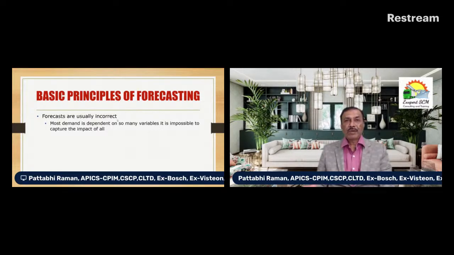One is basic foundation. If you understand that these are the basic rules, then it becomes easier to use any of the methods. So forecast is usually wrong, but still you need it, as you have seen in the previous slide. Even with all high-tech forecasting methods using sophisticated software, your accuracy level can be not more than 95%.